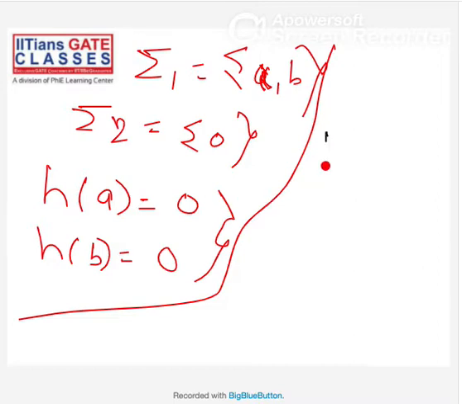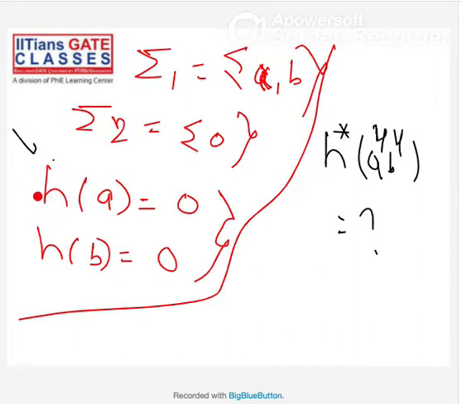Now you need to tell me what will be h of a power 4 b power 4. Let's call it h star. Why am I calling it h star? Because the symbol h I am using for homomorphism of input symbols, and this h star I am using for homomorphism of strings.